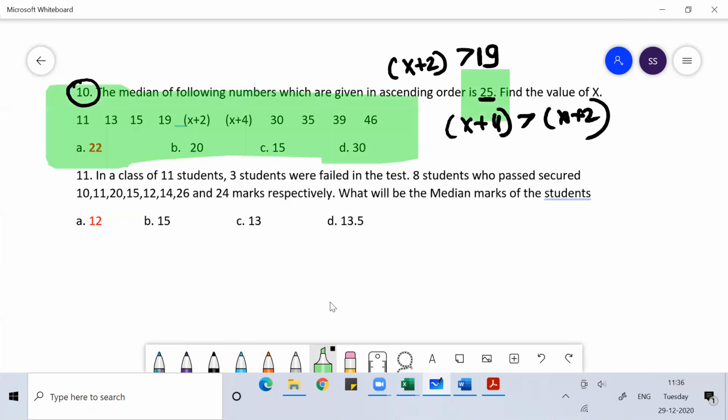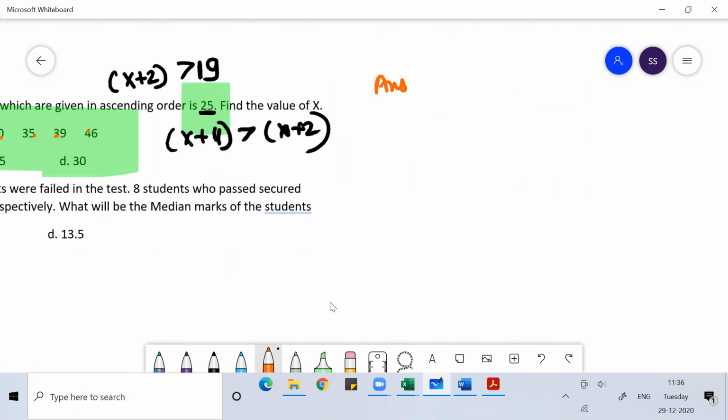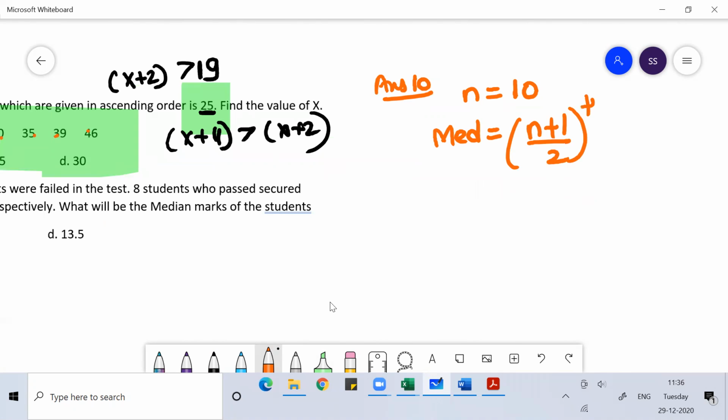In median, the first thing we do is arrange the data in ascending order. Once arranged, we count n. Counting 1, 2, 3, 4, 5, 6, 7, 8, 9, 10, the n is 10. The median formula is the (n plus 1) by 2 observation.